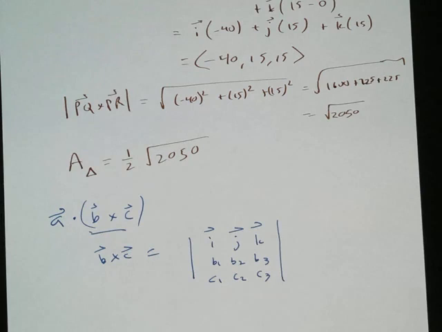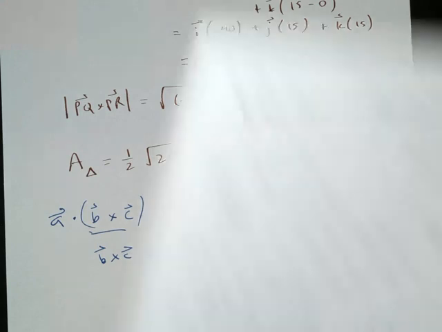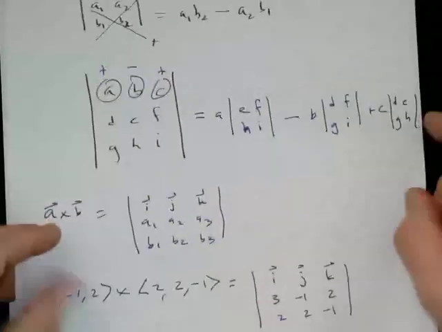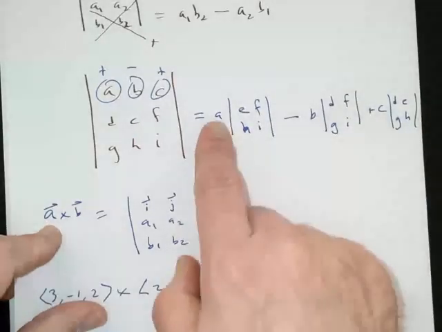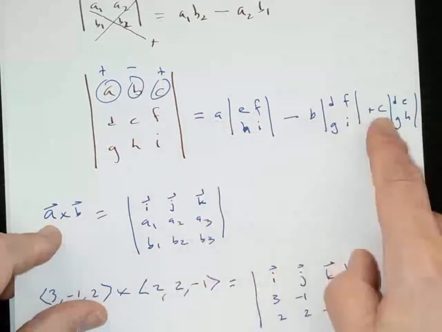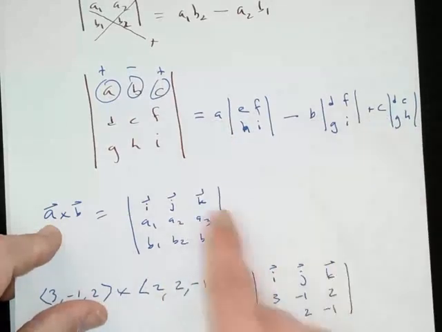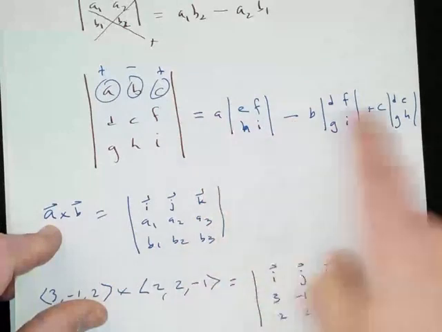Now, if I do that, and then I do A1, A2, A3, let me go way back to the formula setup back here. This would be an I, this would be a J, this would be a K, right? If I do a cross product like this, I, J, K.